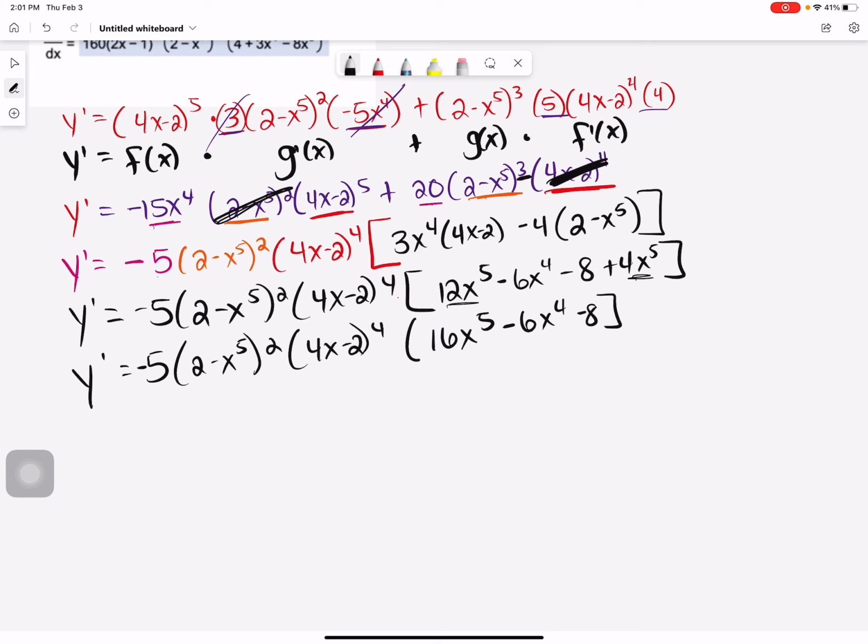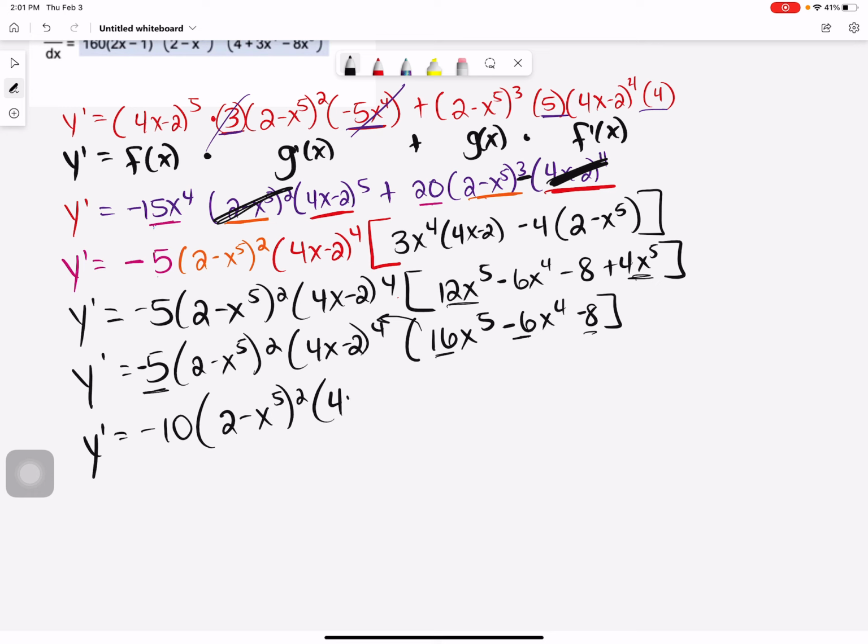And what I notice here, guys, is that 16, negative 6, negative 8, all of those are divisible by 2. So I can factor out a 2. And what's going to happen when I take out that 2, it's going to multiply times that negative 5. So 2 times negative 5 leaves me with negative 10. And my other terms will stay the same.